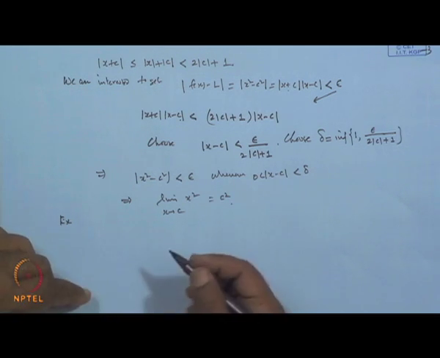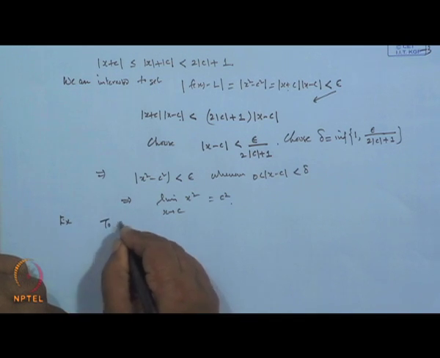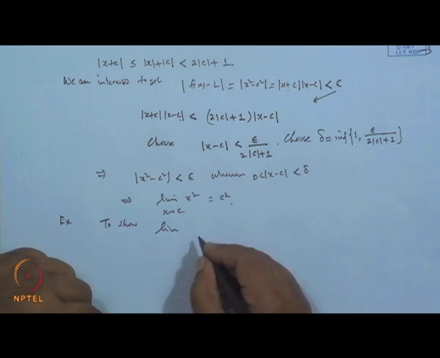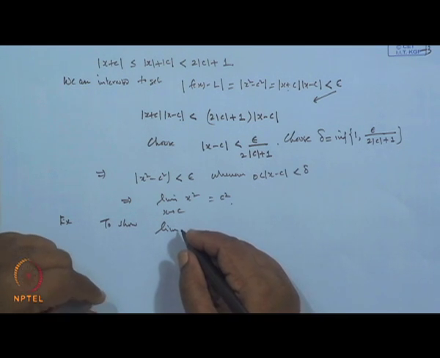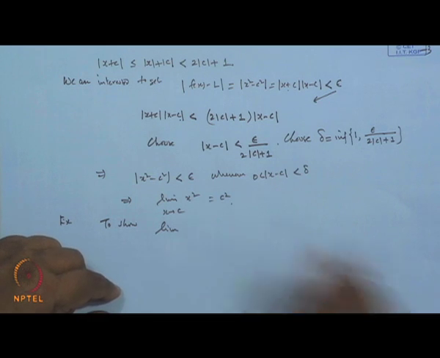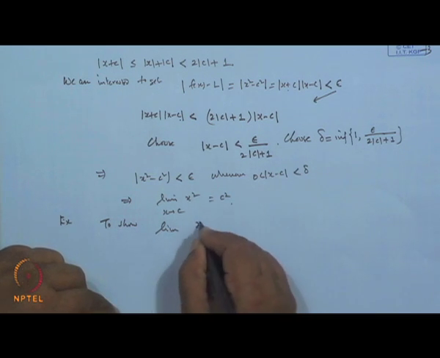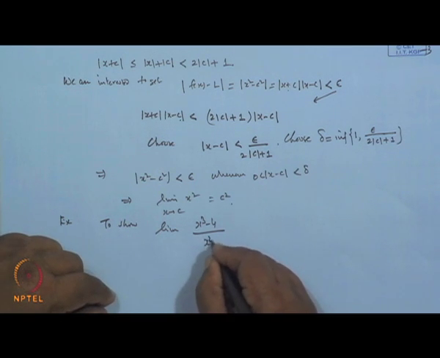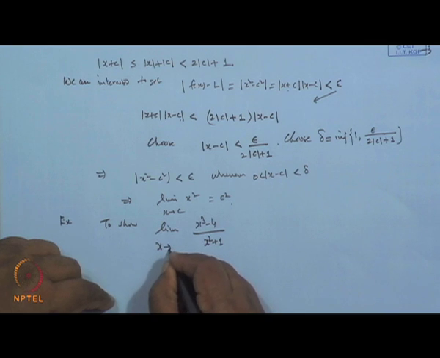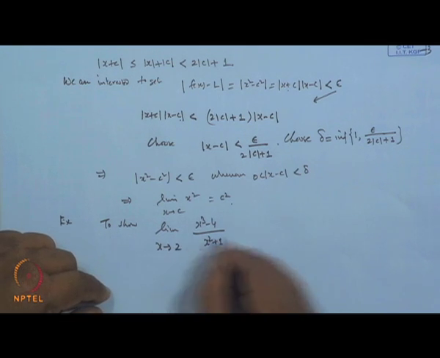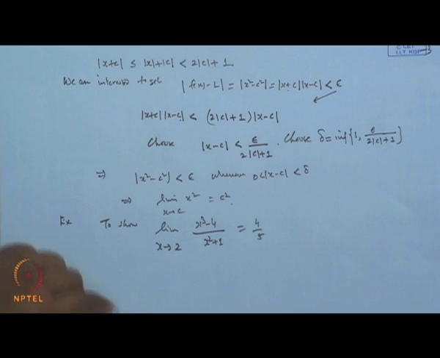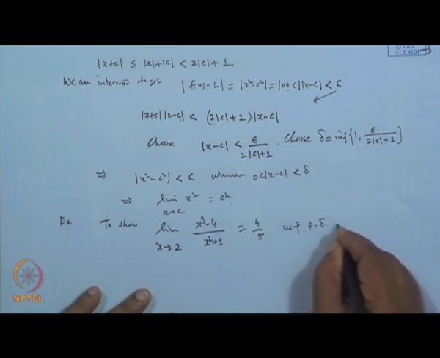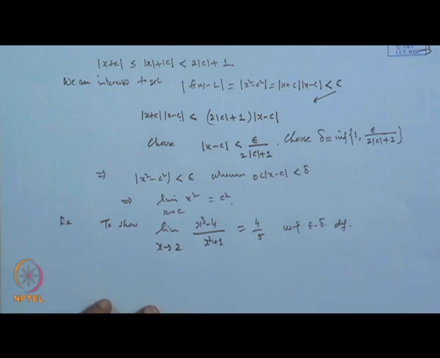Suppose I ask you to show that the limit of x cube minus 4 divided by x square plus 1, when x tends to 2, is 4 by 5. Suppose we are interested in showing this using the epsilon delta definition. Okay.